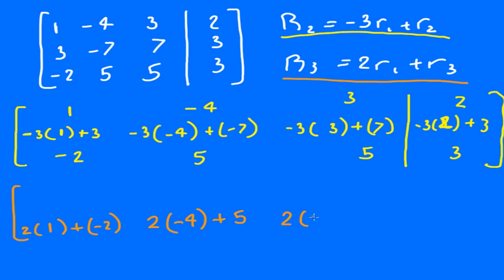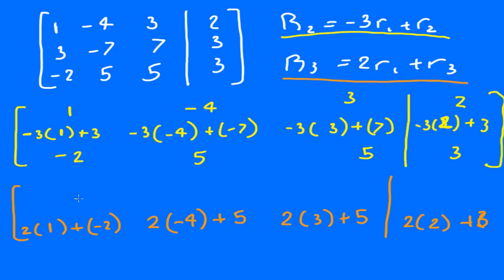And then 2 times our row 1, which is 3, plus our row 3, which is 5. And then we're going to have our 2 times 2 plus 3.